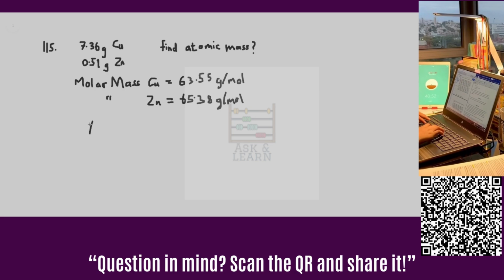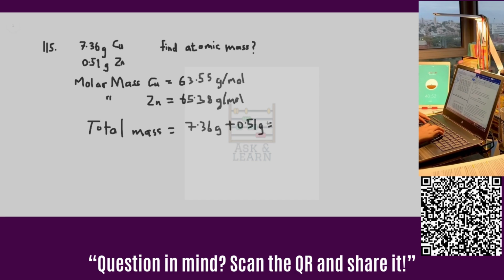So the total mass of this sample is essentially the sum of these two masses, 7.36 grams for copper plus 0.51 grams for zinc.